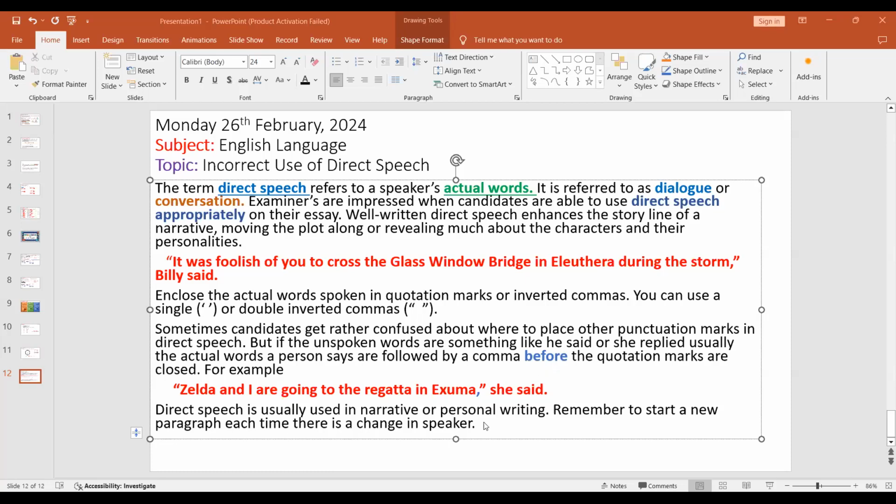Each time there's a change in speaker. Every time you change the person who is speaking, you have to make sure that you add a new paragraph.